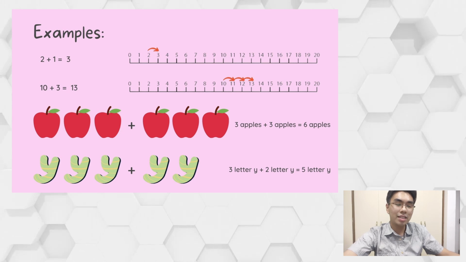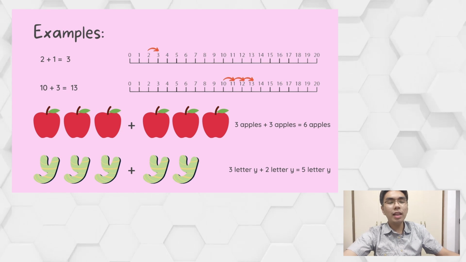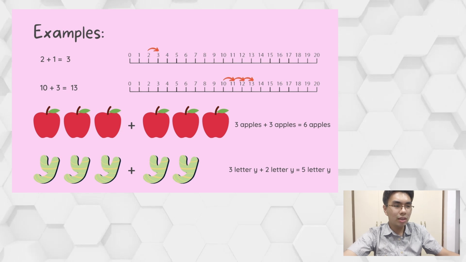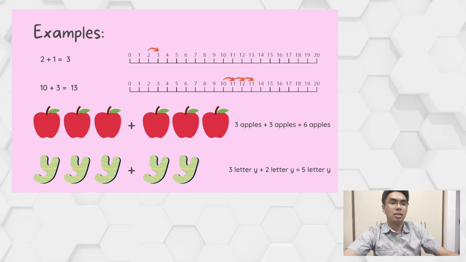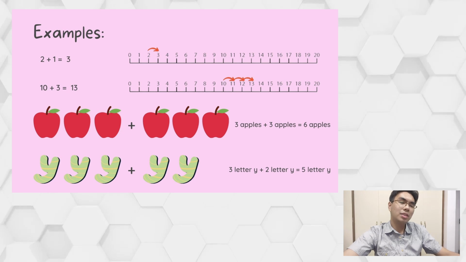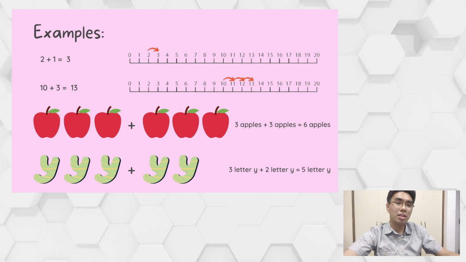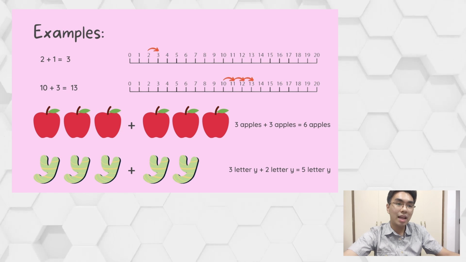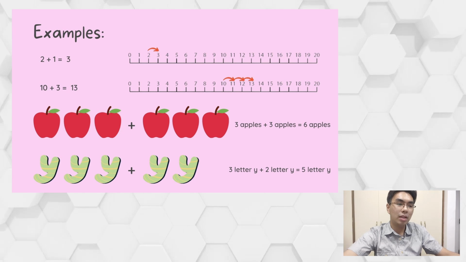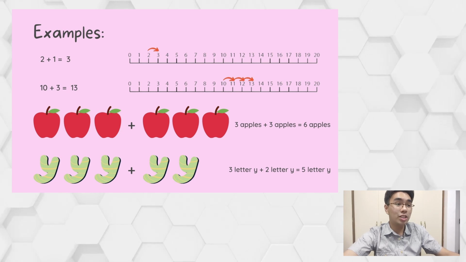And for the last example, 3y plus 2y is equal to 5y. Just like the first 3 examples, it is still the same, wherein we start from 3, then add 2, then we get 5, which is the answer.